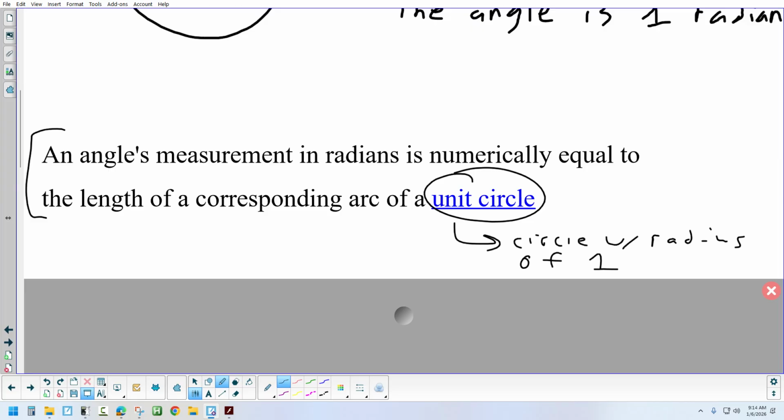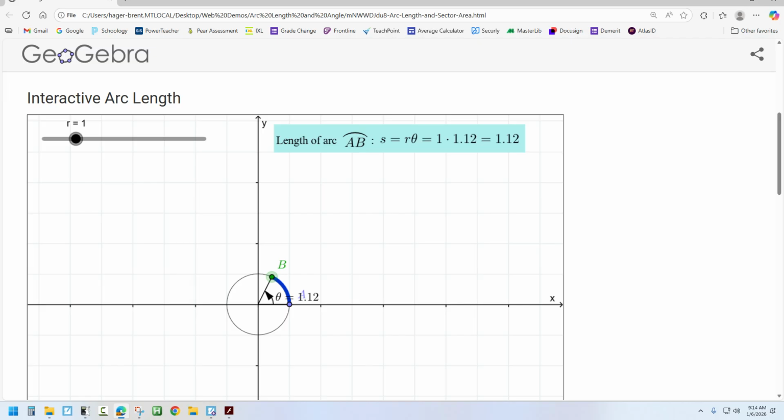So first, we just said we're talking about a unit circle. What does that mean the radius is? 1. So on this program, I can make this circle any size I want, but to demonstrate what I'm trying to, I need it to be a 1. This program is going to give you 2 different numbers. Let me make it not 1 for a second.